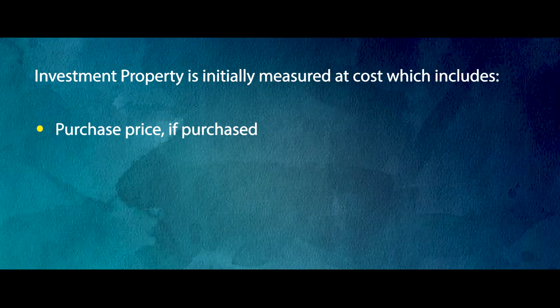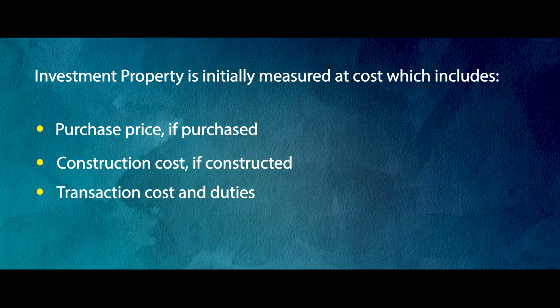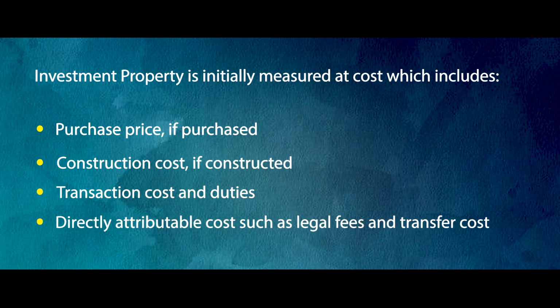So cost includes purchase price if we are purchasing that investment property. It also includes construction costs if it is being constructed by the owner or the business entity itself. And it will also include transaction costs and duties, and directly attributable costs such as legal fees and transport cost.